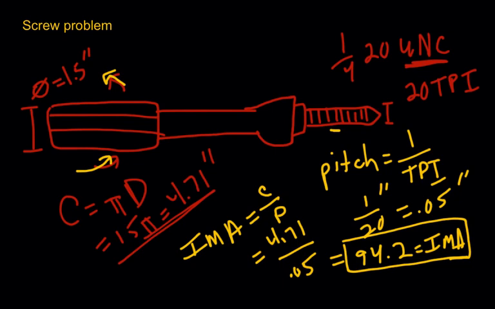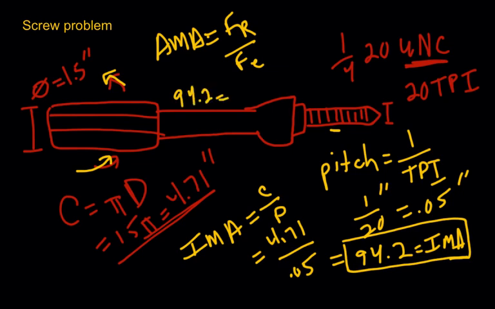Then it says, ideally, how much force can be overcome if 5 pounds of force is exerted? Ideally means that your AMA is going to be also 94.2, and AMA is the ratio of the forces, so force resistance over force effort. And so that means your AMA is the same as IMA, so 94.2 would equal resistance force over your effort force, which they just said we're going to put in 5 pounds, so that's going to be 5 on the bottom.